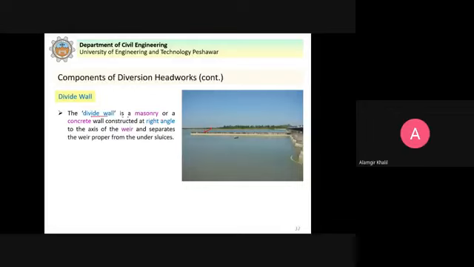The divide wall is a masonry or concrete wall constructed at right angle to the axis of the weir and separates the weir proper from the undersluices. If there are two canals taking off from each flank, then there will be two divide walls and two undersluices.